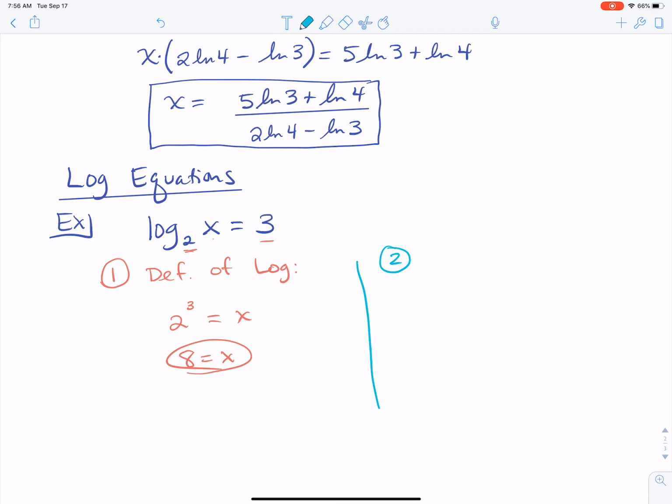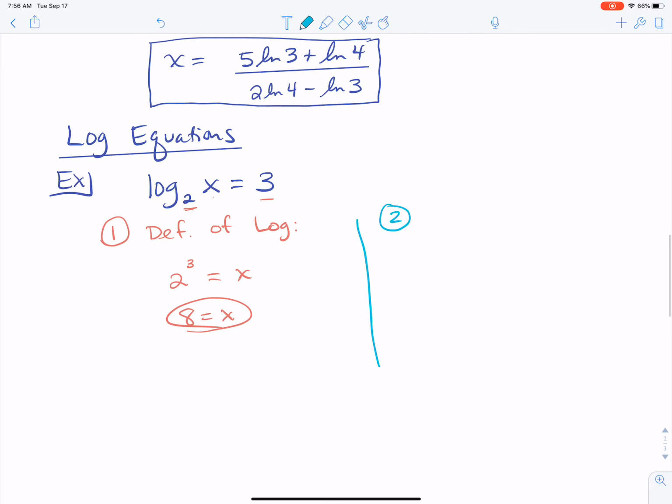The other way you can solve this problem is using inverses. Using inverses, let me rewrite the problem. Using inverses, you were basically using one of the basic properties of logs. And this one's a little bit weird, but people that understand it really like this one.